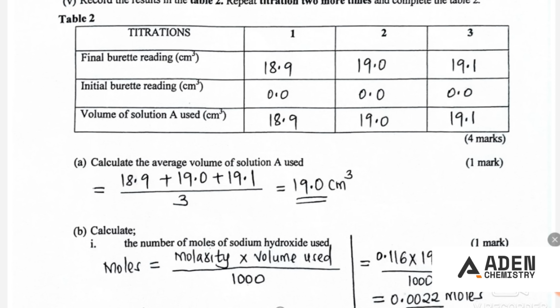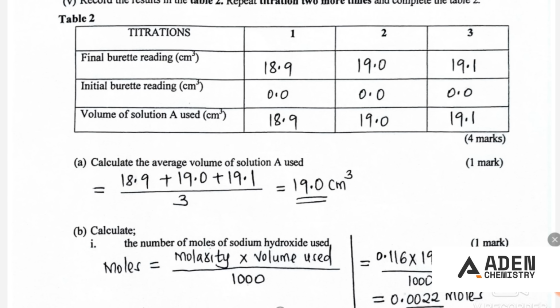This one with this one is plus or minus 0.2. So that means the 3 should be added and divided by 3. That's how we are going to get our average volume. So 18.9 plus 19.0 plus 19.1 divided by 3. What we are going to get after putting these in the calculator will be 19.0 centimeter cube.